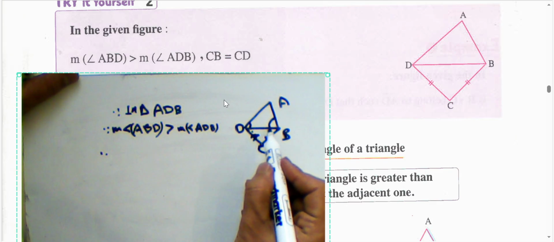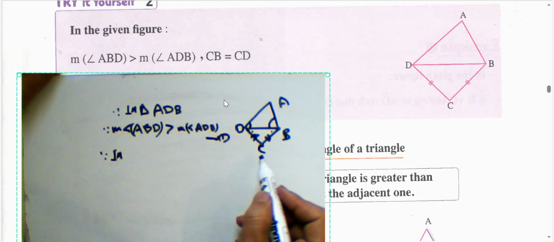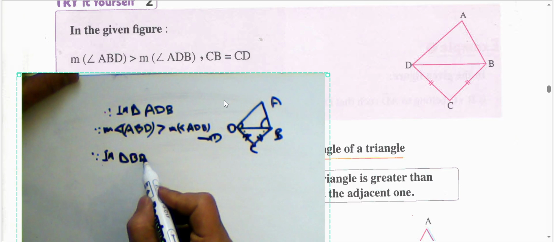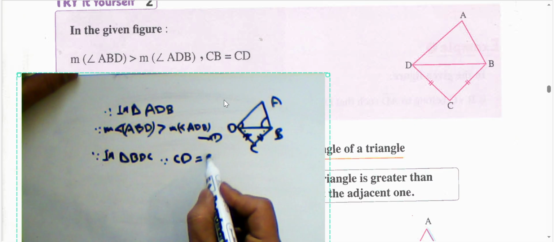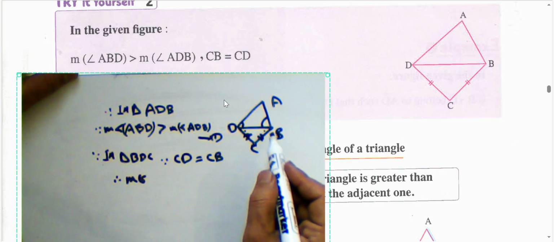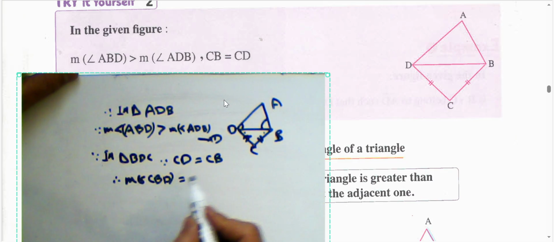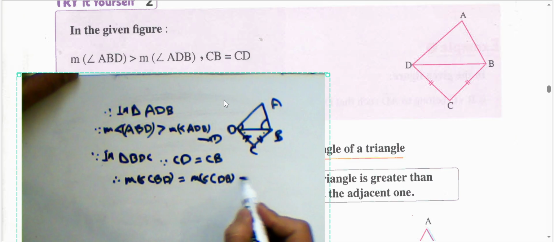Then we can add another relation, number 1, such that in the other triangle down, triangle BDC, we have CD equal to CB. The measures of the two angles in the base are equivalent, so the measure of CPD will be equal to CDB. It's relation number 2.